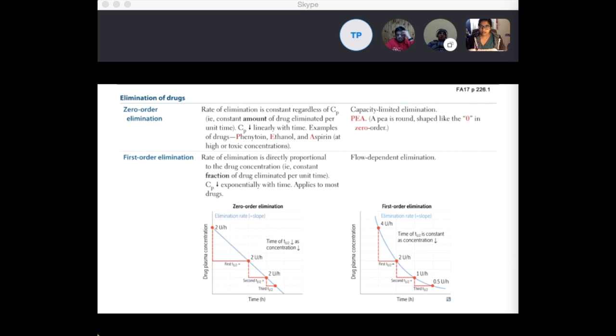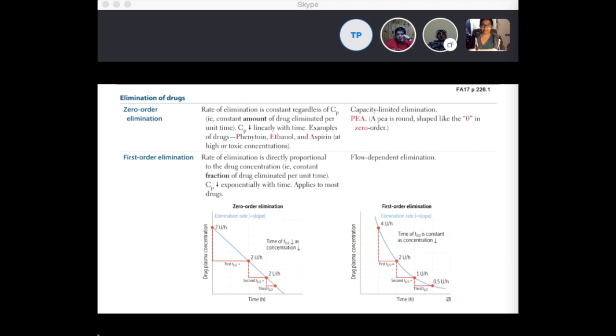So this type of elimination is saturation based, so you can only eliminate by the amount of cofactor you have. If all of your cofactors are saturated, it's just going to keep going at that same constant rate because of the availability of these cofactors. Does that make sense? Yeah, so once you've saturated the cofactors that help with elimination, then you reach that constant rate, that zero order elimination rate?